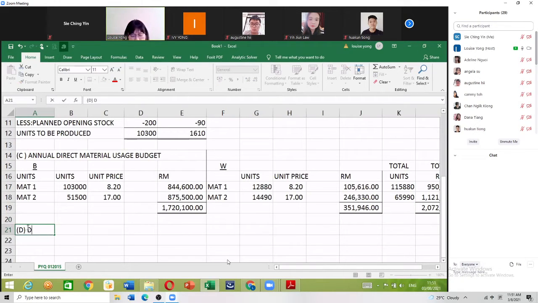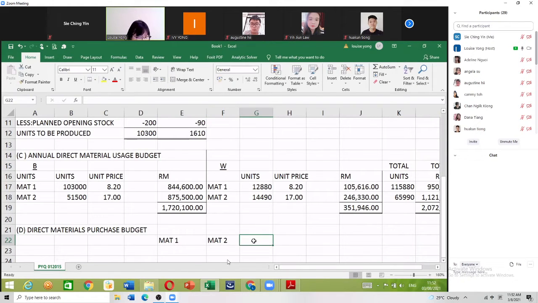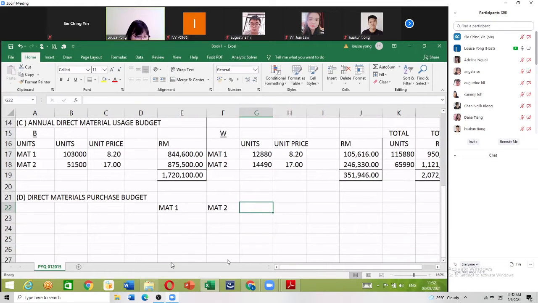And then part D. Okay, so what will be your direct material purchase? So you just put material 1 and material 2. How many materials do you need to buy for the whole year? You can put in number of units first.